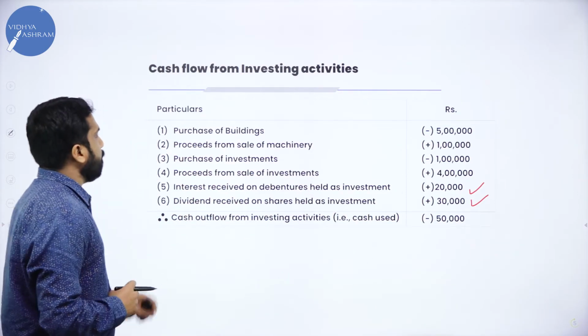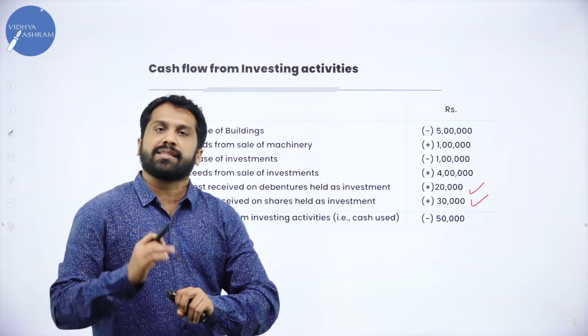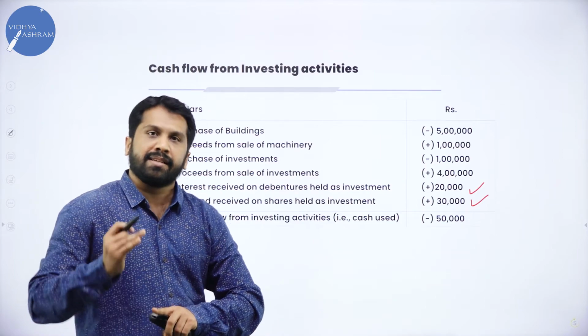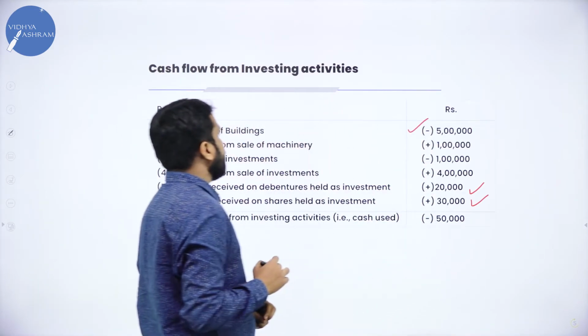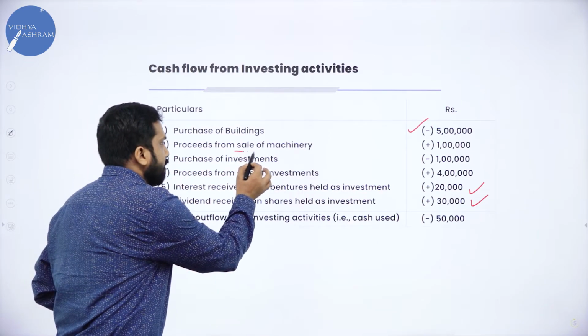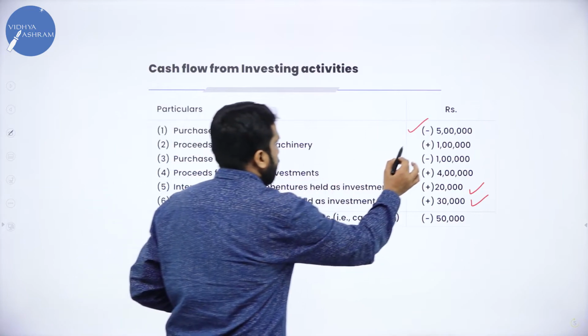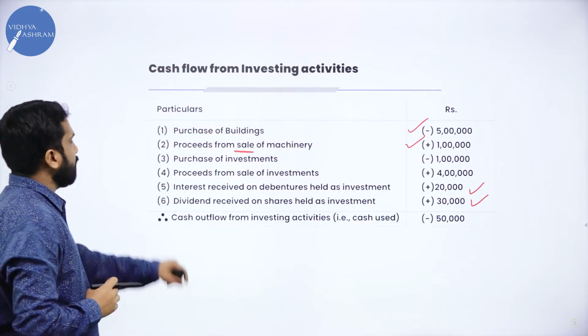Clear? Now, purchase of building. As I told you, purchase minus, sales add. Now, purchase of building minus proceeds from sale. If you find the word sale, plus. Why? Because you will receive money.